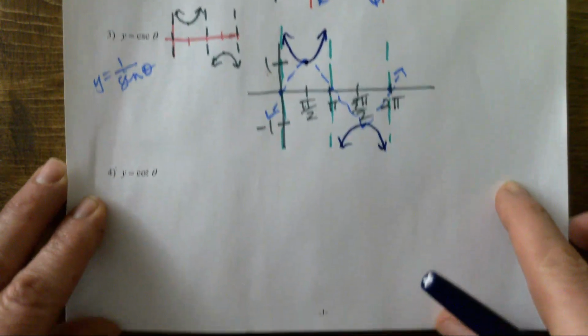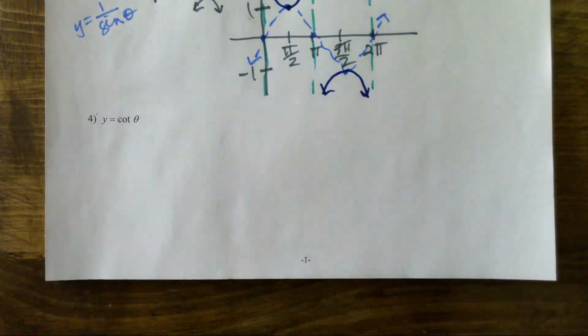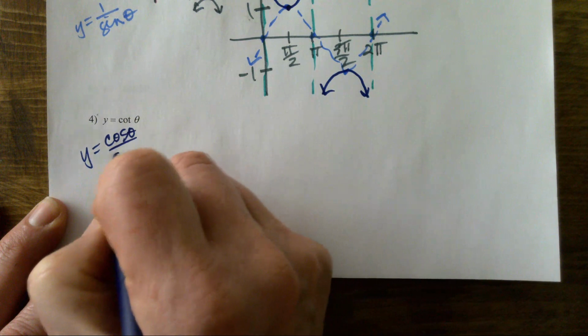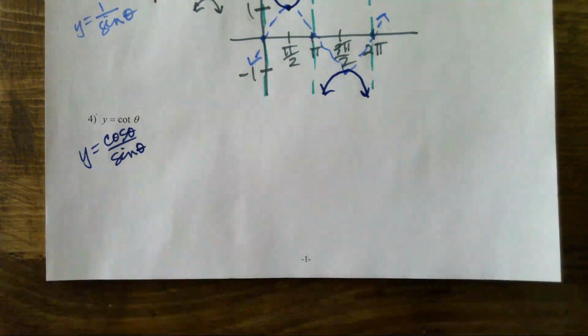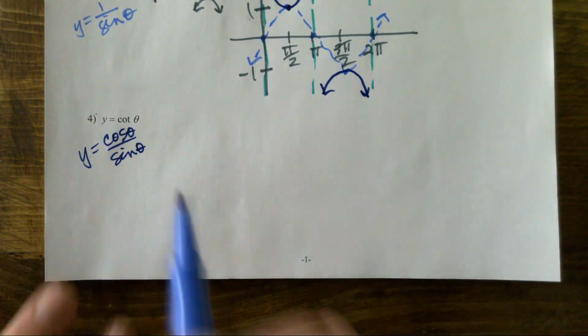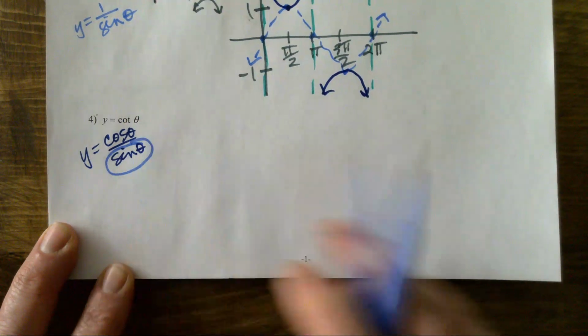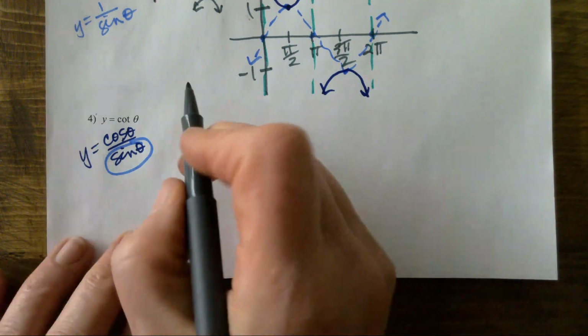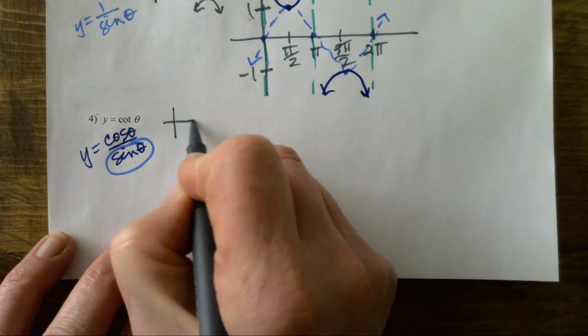Cotangent is cosine over sine. And again, that denominator is the one that causes an issue when I graph it. Oh, I didn't graph what it looks like. I'll do that real quick. This guy looks like this.